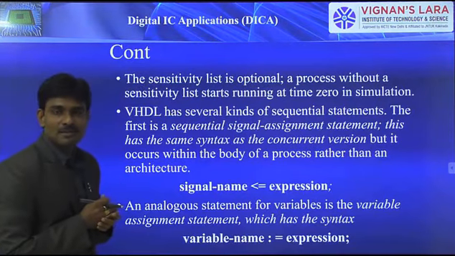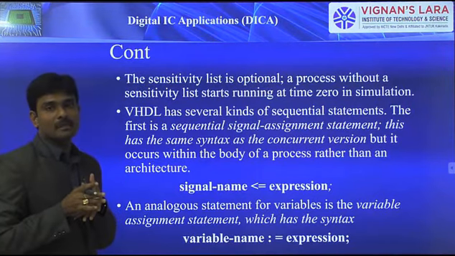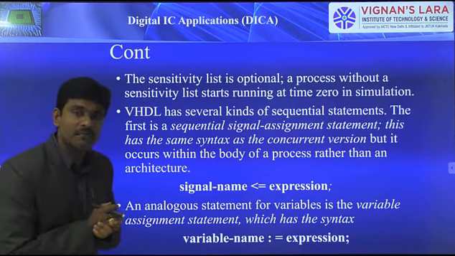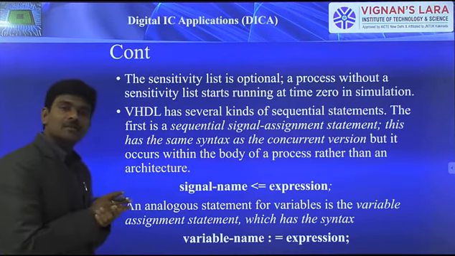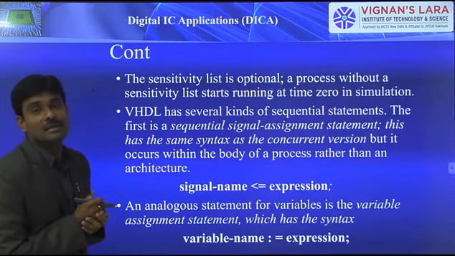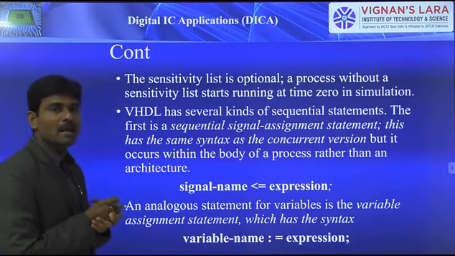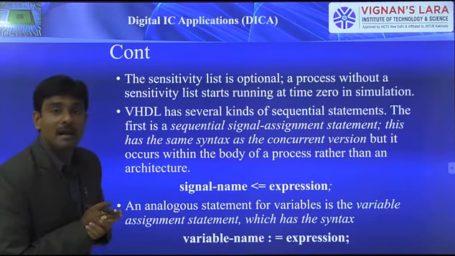Next we are supposed to discuss the process body. Process body starts with the keyword begin, and after that we represent the collection of sequential statements. After that we end the process body by writing end process.